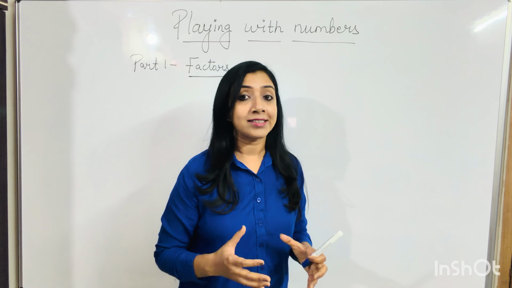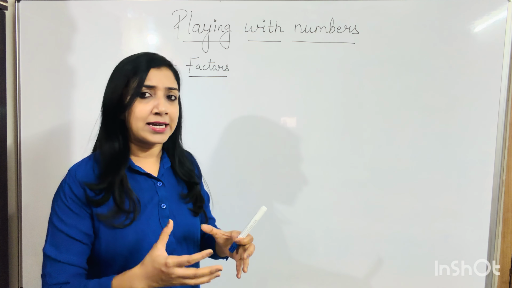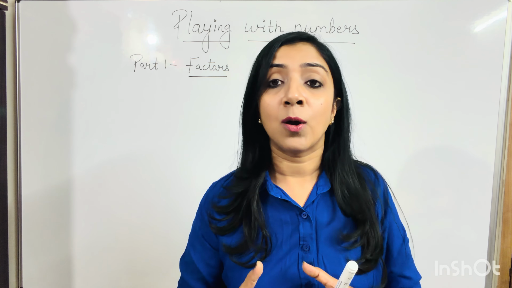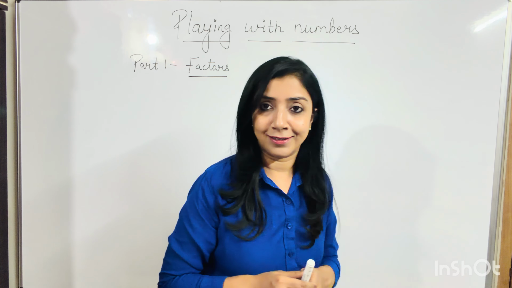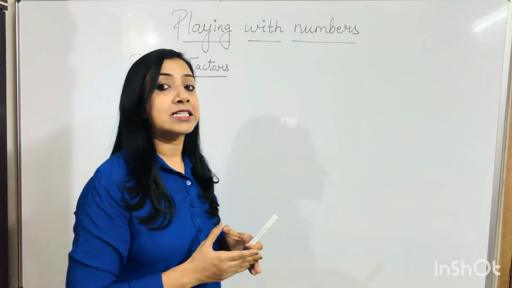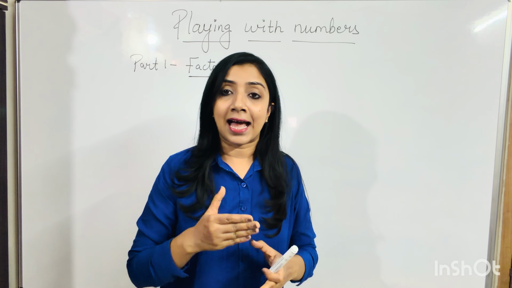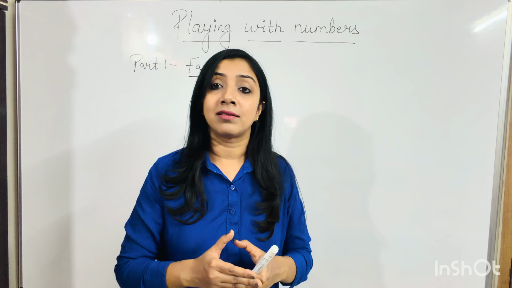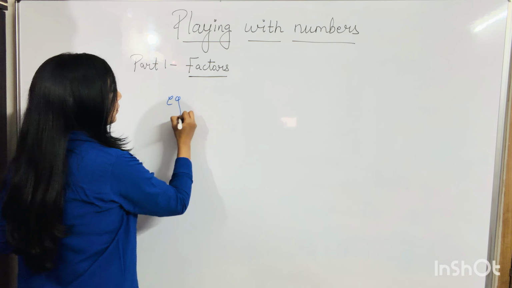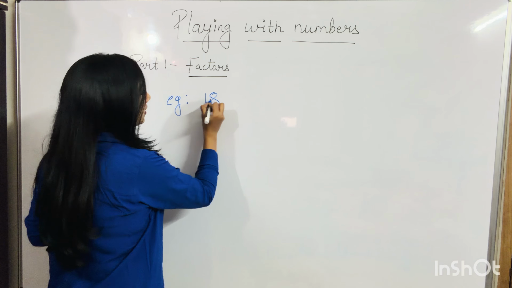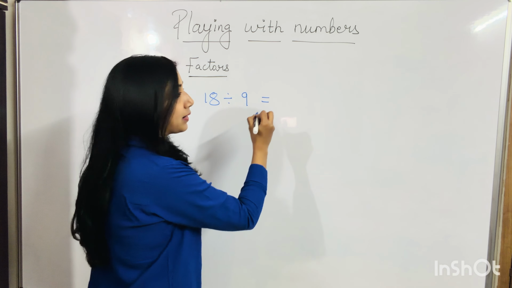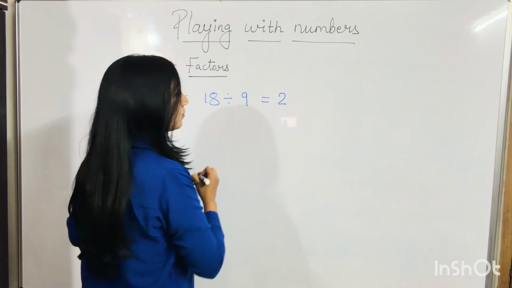The factors are the number which divides the number exactly and without giving any remainder. Exactly means there will be no remainder. Suppose I'm giving you an example, 18 divided by 9. 18 divided by 9 is 2.